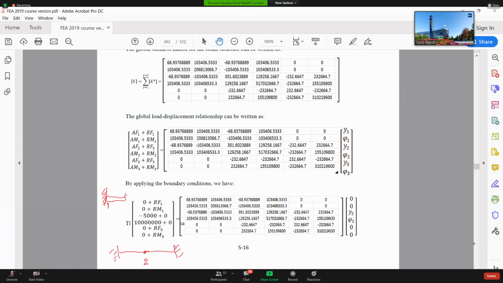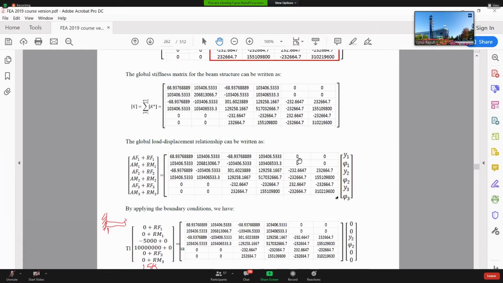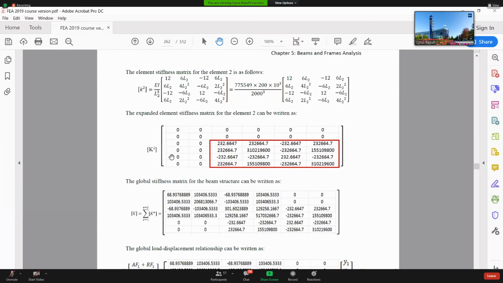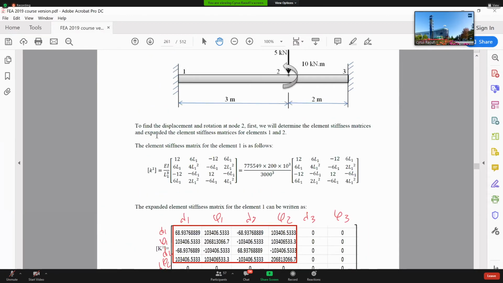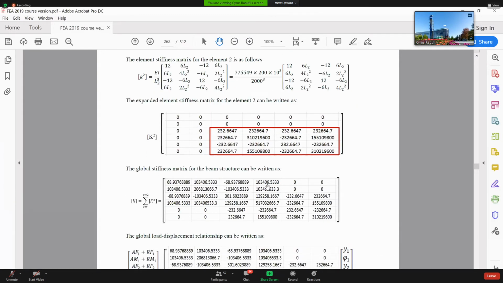Now we have 55 kilonewtons and, I think, 100 kilonewton per meter, something like that. Let me just double check the number. 10 kilonewton meter, sorry.